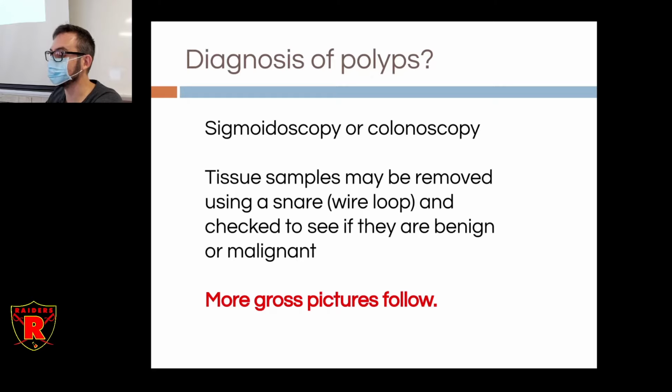And basically what they do is they take a little loop of wire. I should post a video of this. In fact, I will post a video of this if you want to see what this looks like. But they take a little loop of wire on a string. They loop it around the polyp. This is while they're doing your colonoscopy. And then they electrify the string. It's like a little metal string.